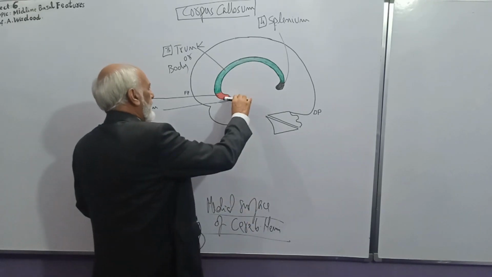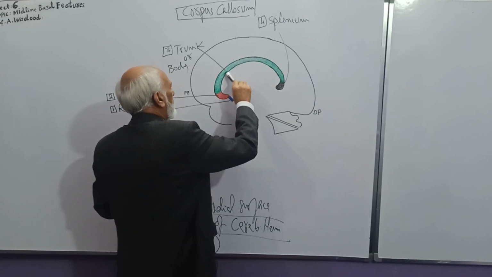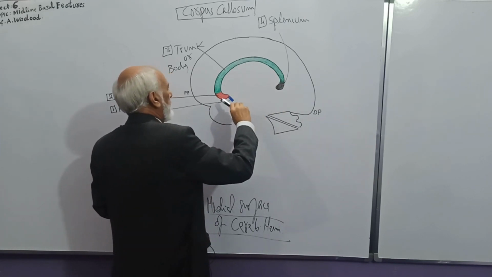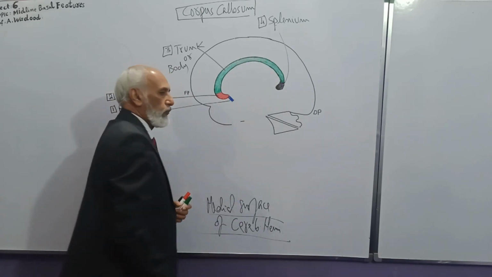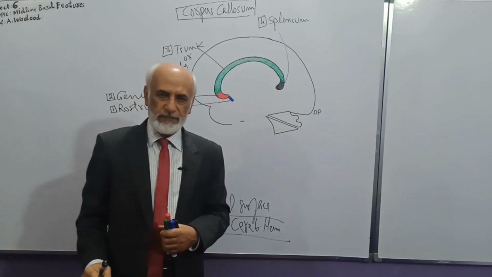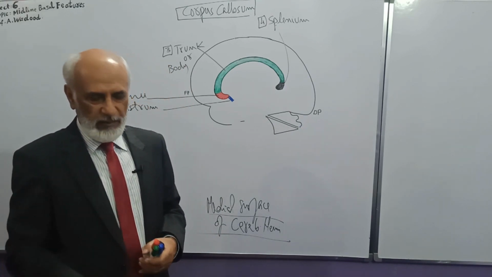Now you can see it has an outer surface and an inner surface. The outer surface forms the floor of the longitudinal fissure, which partially separates the right and left cerebral hemisphere.